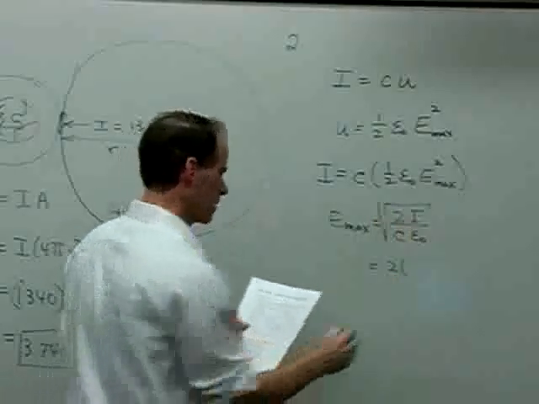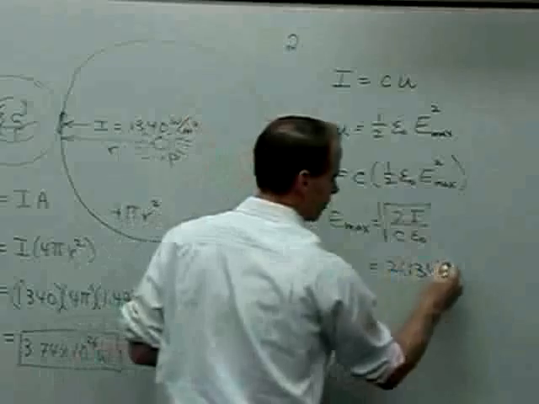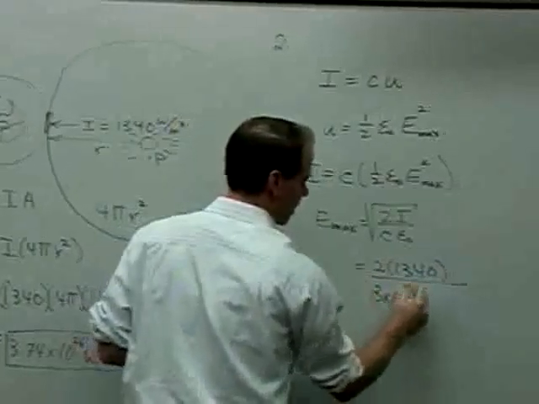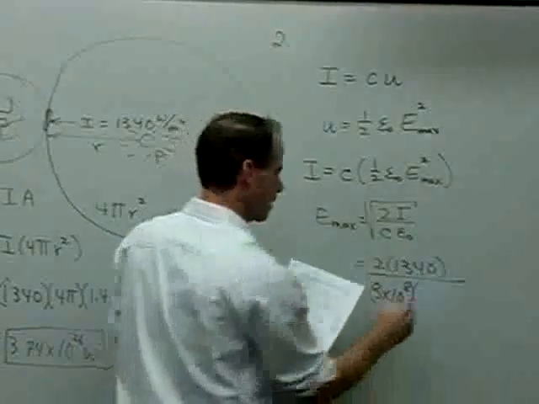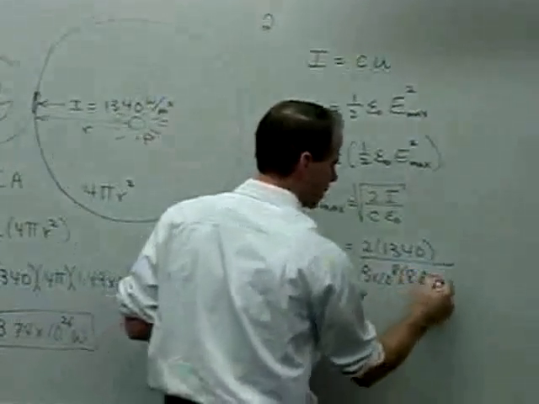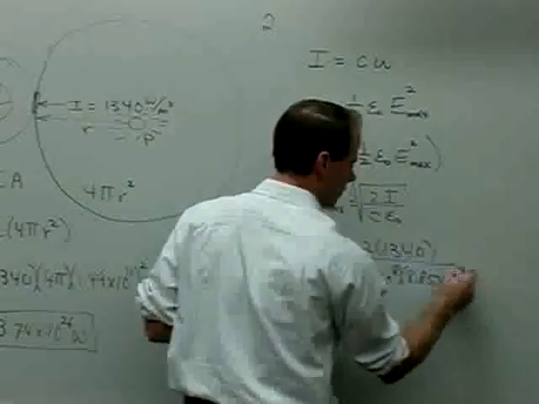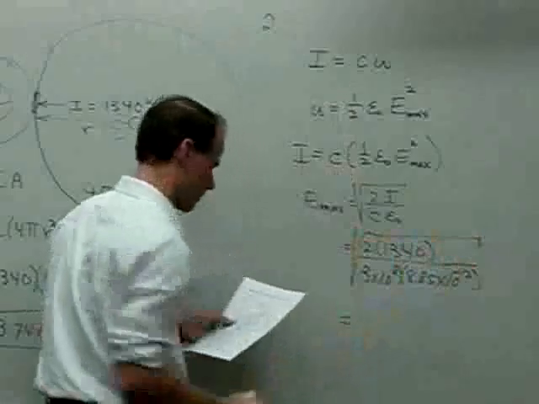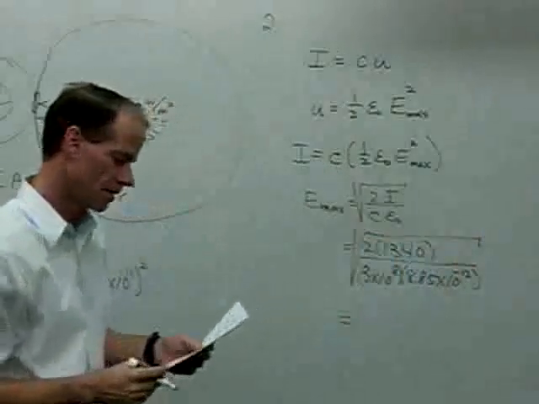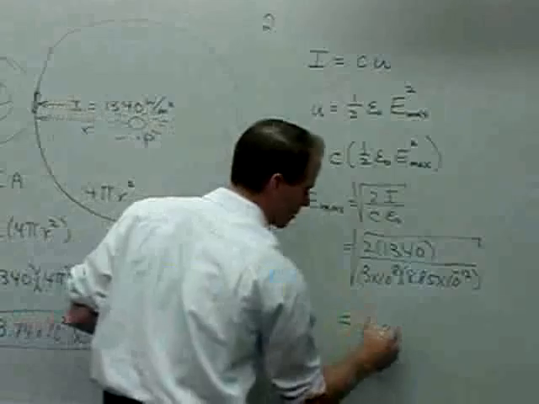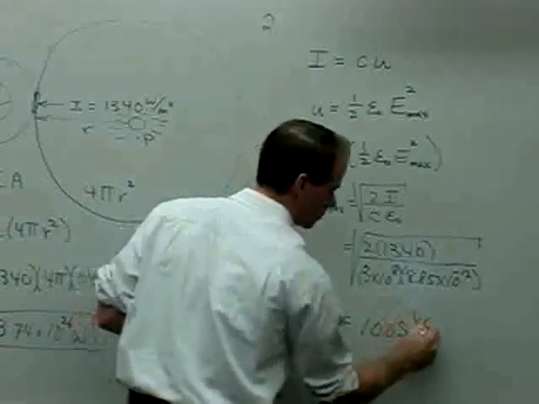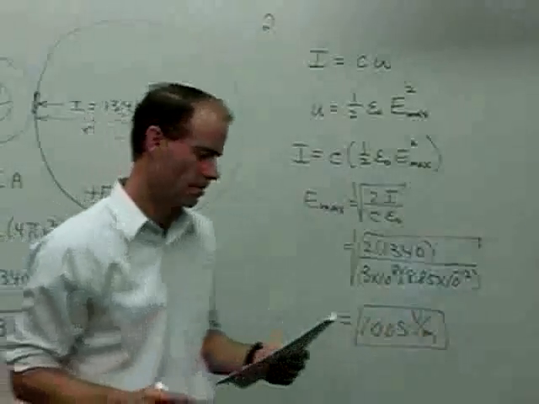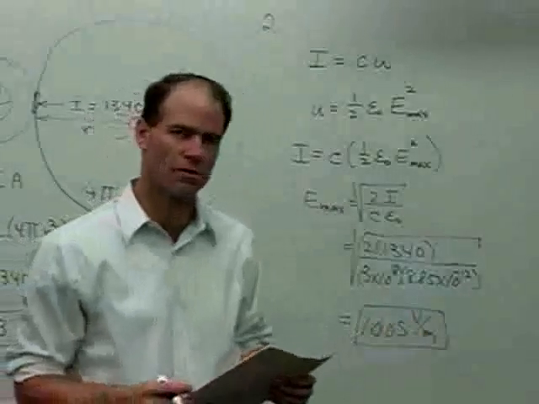So that's 2 times 1,340 over the speed of light times the permittivity of free space, 8.85 times 10 to the minus 12, square root, and that gives us 1,005 volts per meter. So that is the maximum electric field of this electromagnetic wave.